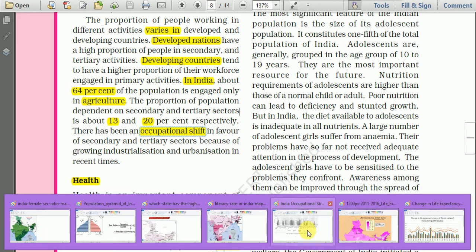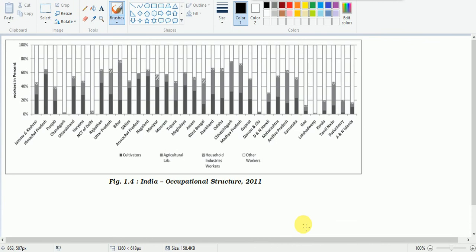This compound bar diagram shows the occupational structure of different states of India in 2011. Cultivators and agricultural laborers come under primary, household industrial workers under secondary, and other workers under tertiary.